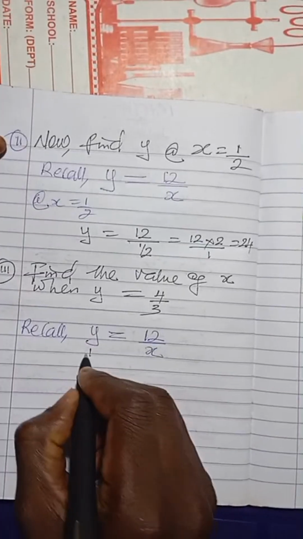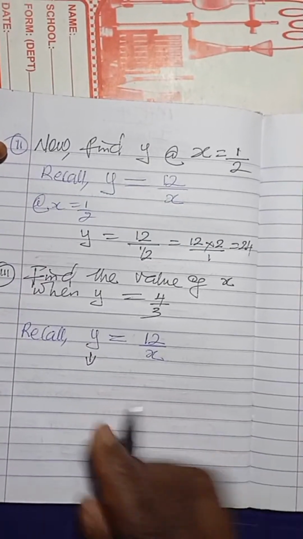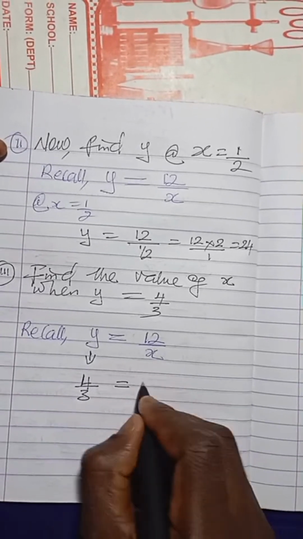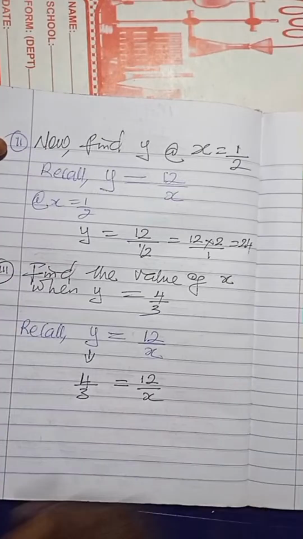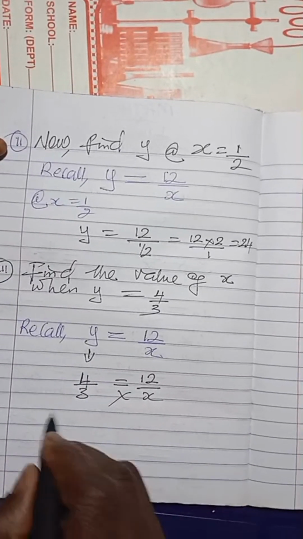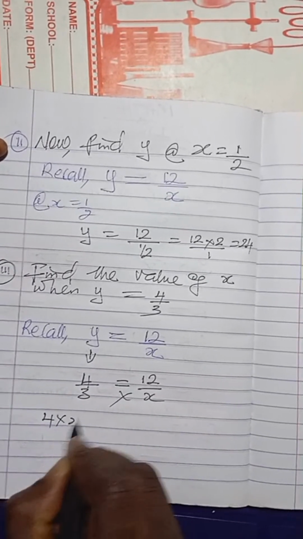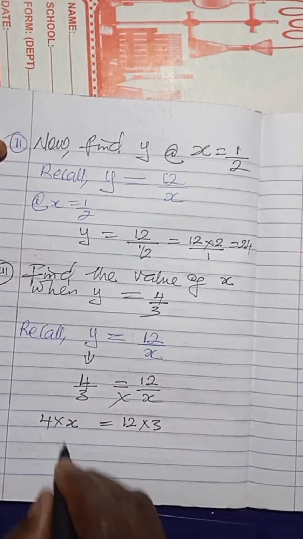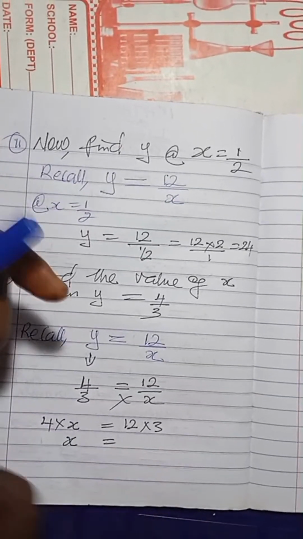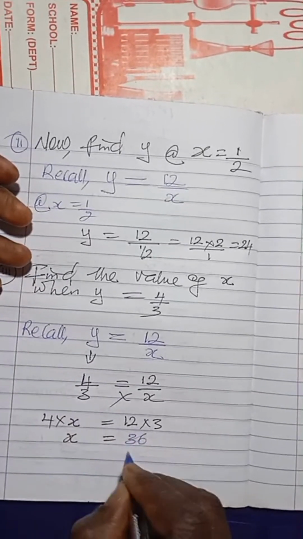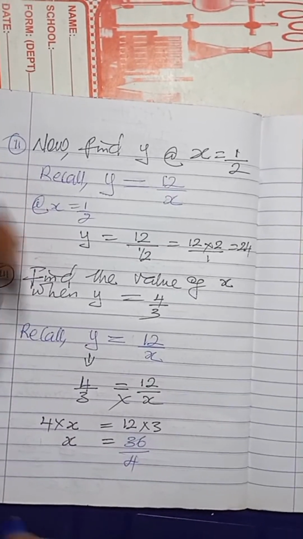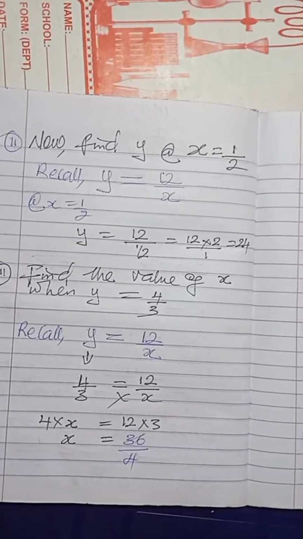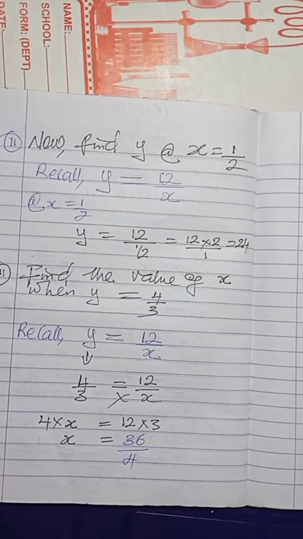So substitute here: 4 over 3 is equal to 12 over x. You can easily cross multiply to have 4 times x is equal to 12 times 3, so that x is equal to 36 divided by 4.